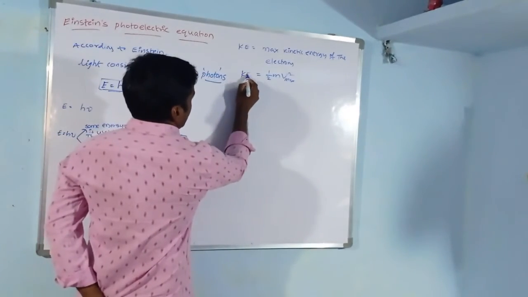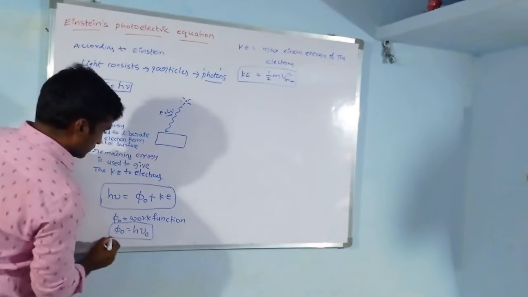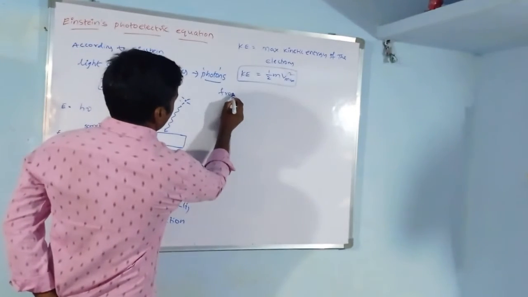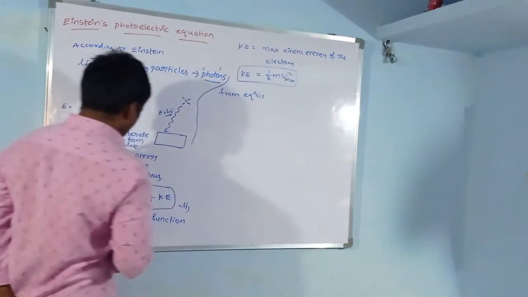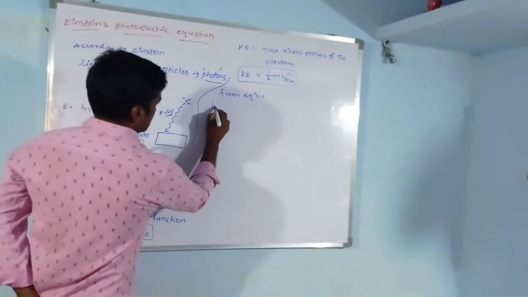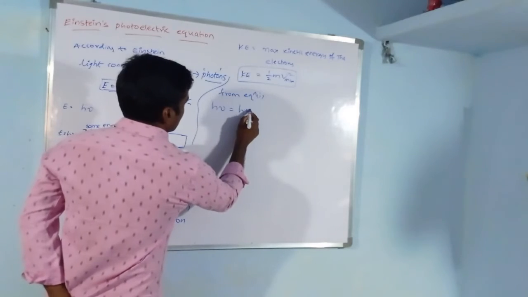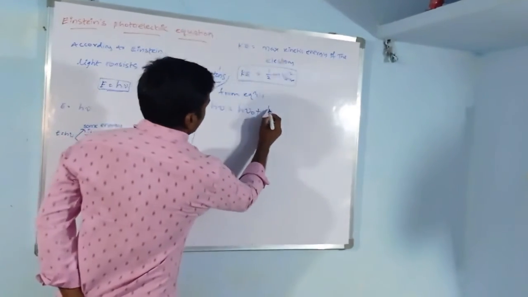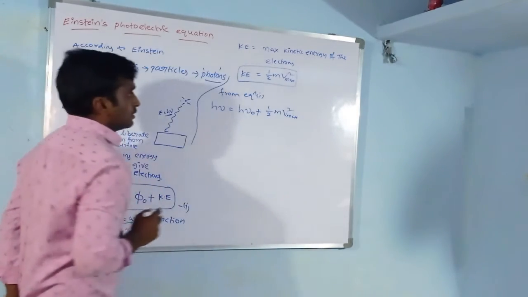Substituting these two in equation 1, we can write h nu equal to phi naught, that is h nu naught, plus half m v max squared.